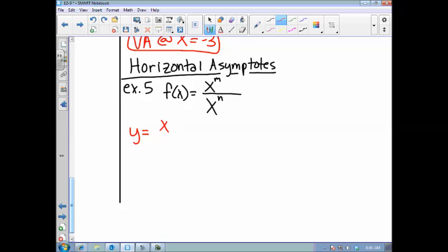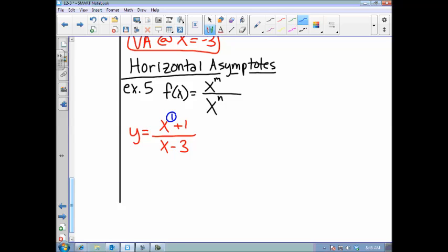We have y equals x plus 1 over x minus 3. Okay. So what is the value of the numerator's highest power? x to the 1. So that means m is 1.